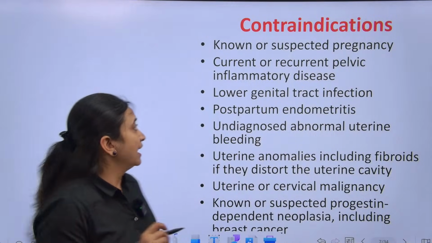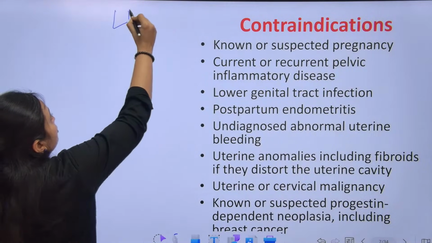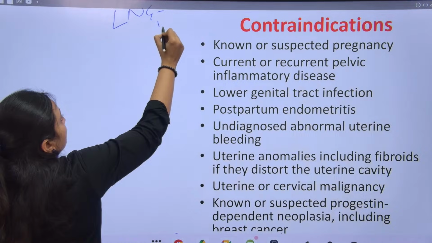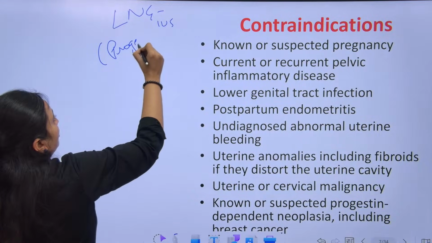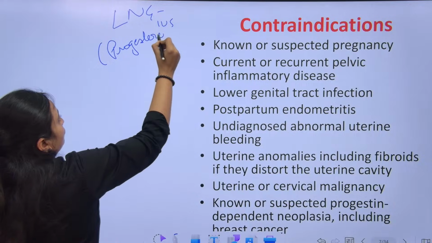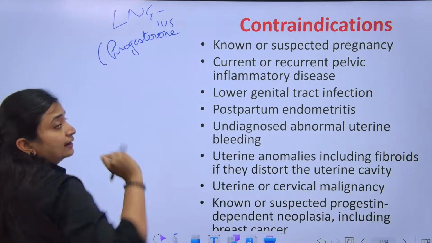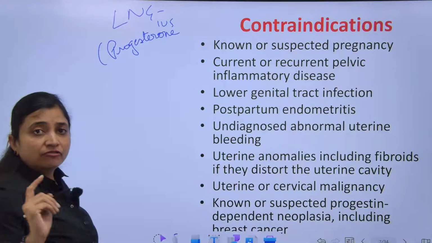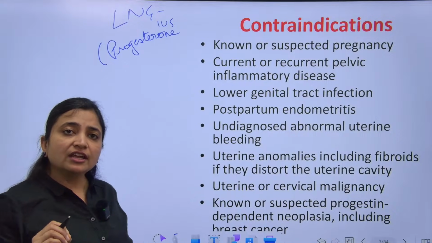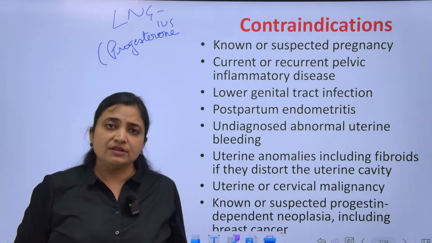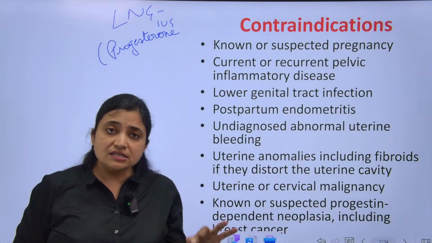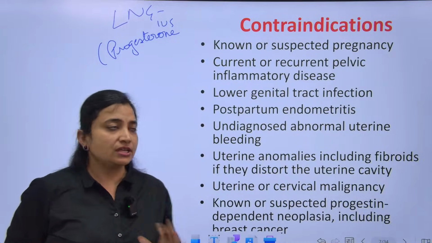Contraindications. See, I have told you LNG-IUS contains progesterone. So every contraindication where progesterone is contraindicated, we will have to be very careful while using LNG-IUS. As such, it has minimal systemic side effects, but we have to see.